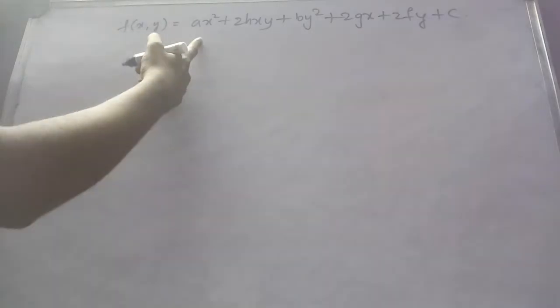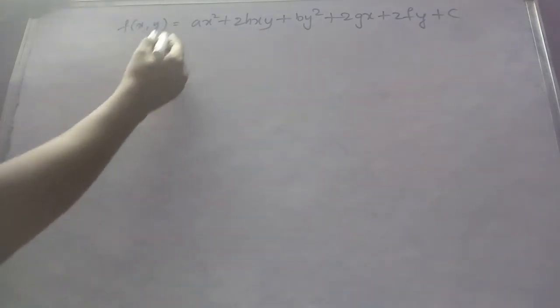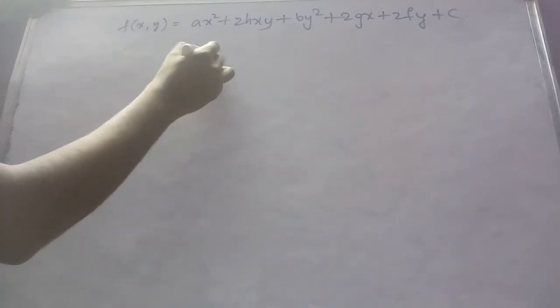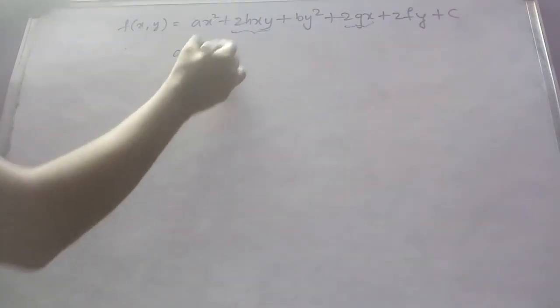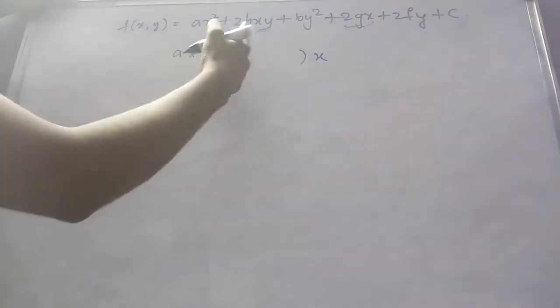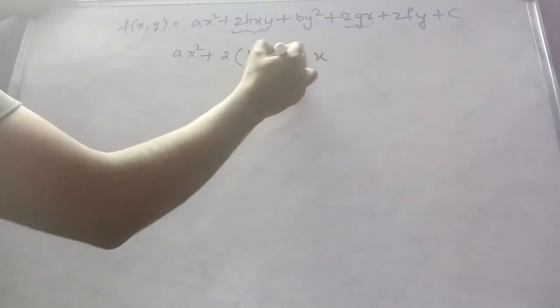Let me convert this second degree equation into a quadratic equation of variable x. So which means I can write this as ax square plus, here and here I can take x common, right? And also 2 common. I can take 2 common and also x common. Then you will get hy, and here you will get only g.